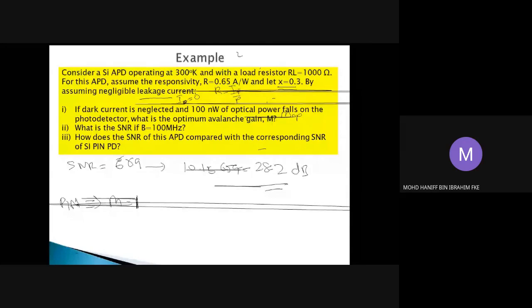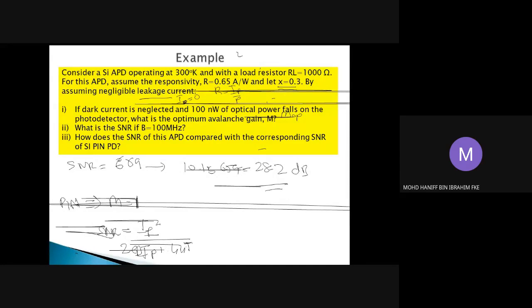So by using the SNR, we can write it simply as IP squared over 2EB of IP plus 4KTB divided by RL.